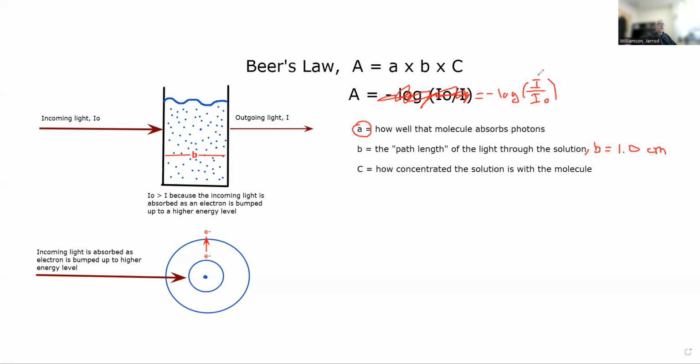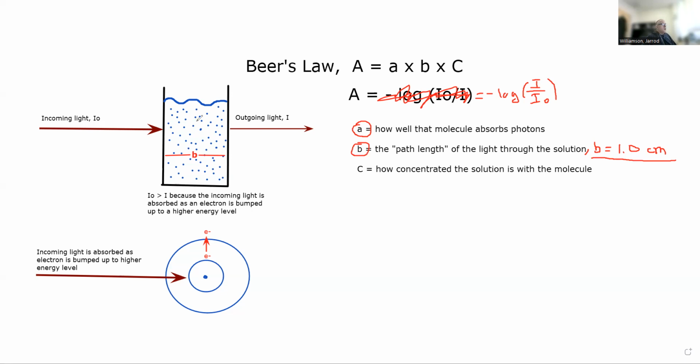So I'm going to get twice as much absorption. Kind of makes sense. So it depends on this path length. So when we do our experiments, we're going to choose a container that has a consistent path length or consistent diameter. And we're going to use these things called cuvettes, which have a path length of 1 centimeter.